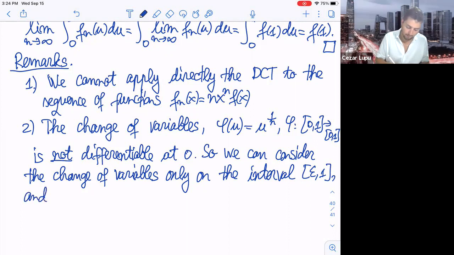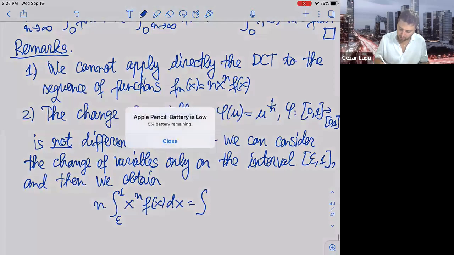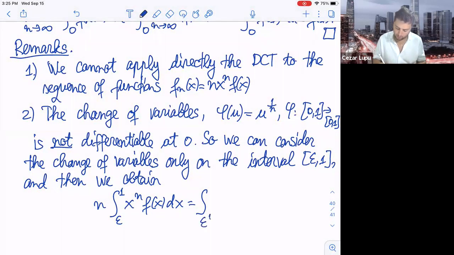Pretty much it's the same thing, but if we want to be very precise, we obtain n times the integral from epsilon to the power 1 over n to 1 of u to the power of the n-th root of u times f of the n-th root of u du.